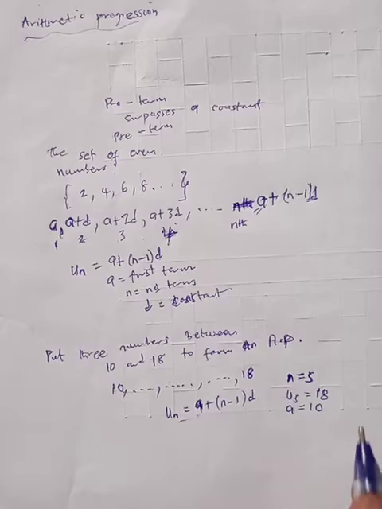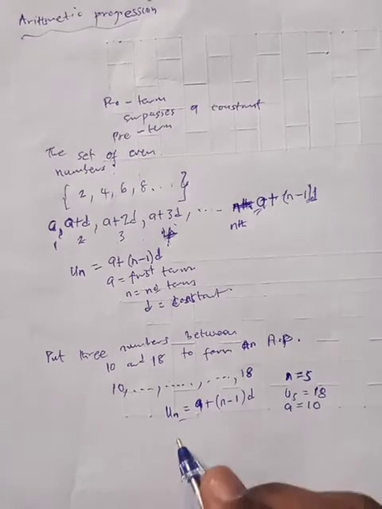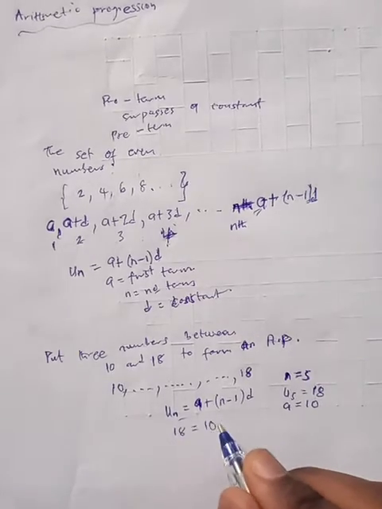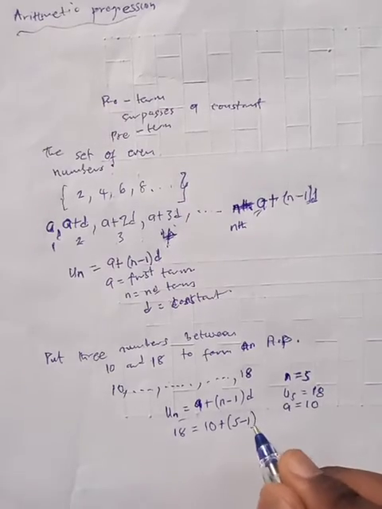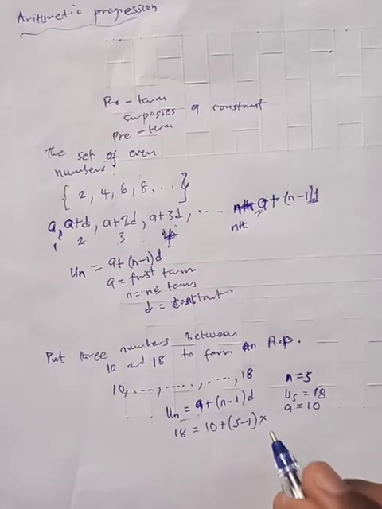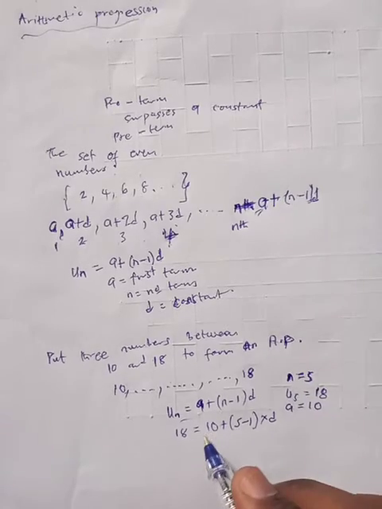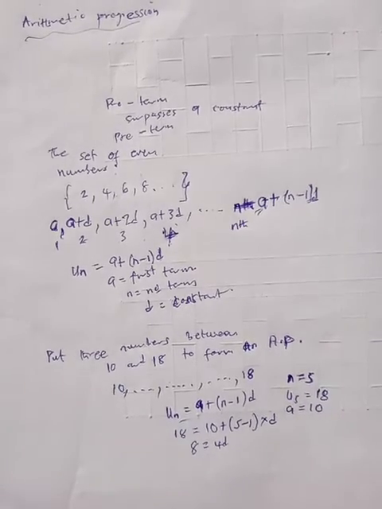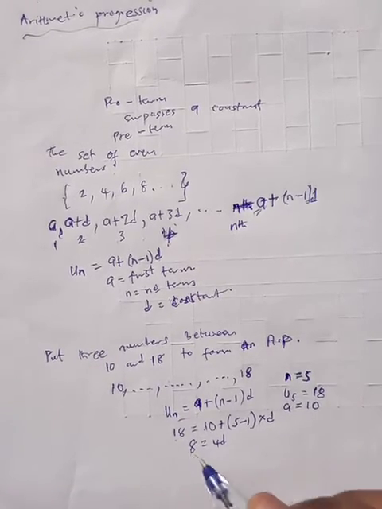Now let's move on. Substituting all this into the formula, we'll have 18 is equal to 10 plus (5 minus 1) multiplying by d, because we don't know d. Now we'll have 8 is equal to 4d. Guys, have you seen that? 18 minus 10, you have 8.